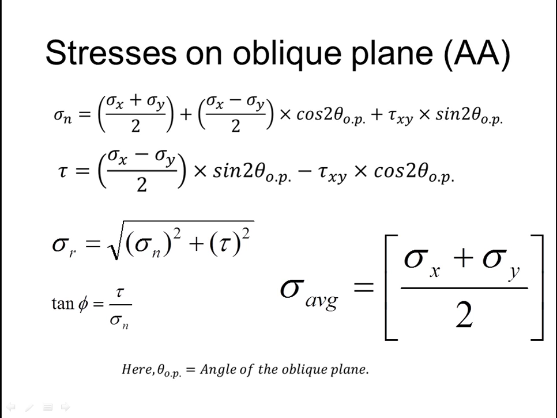Theta OP is the angle of the oblique plane. The resultant stress can be determined by the square root of sigma n square plus tau square. The average stress is sigma x plus sigma y by 2. The angle of obliquity phi can be determined as tan phi equal to tau by sigma n.